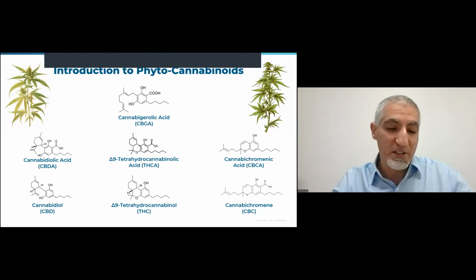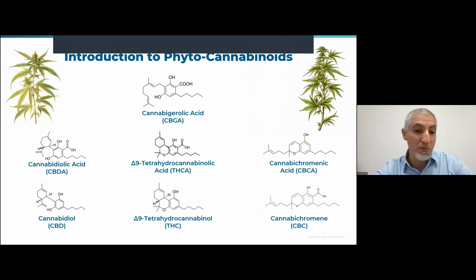The buds are later harvested and then decarboxylated, so the acid forms turn into the base forms. These are some of the well-known cannabinoids: CBD, delta-9 THC, and CBC. Now, the importance of these cannabinoids is that phytocannabinoids effectively interact with the endocannabinoid cell signaling system in the body.